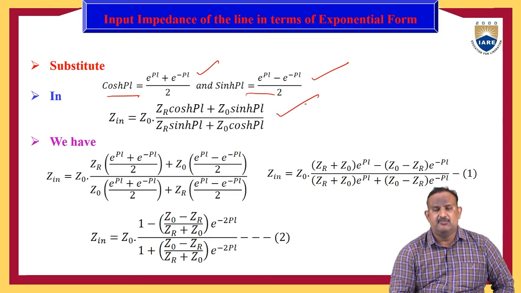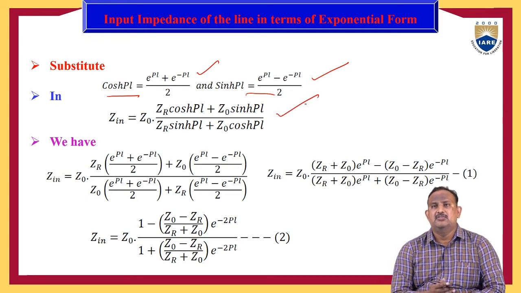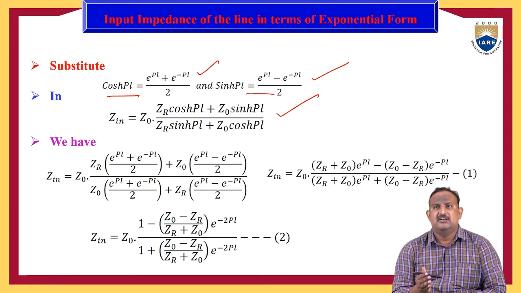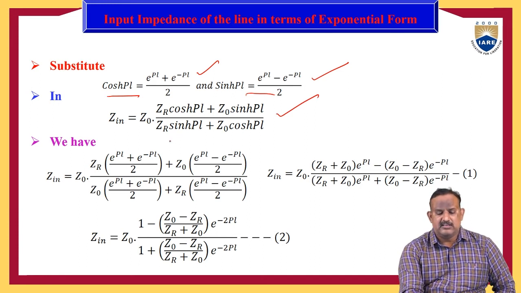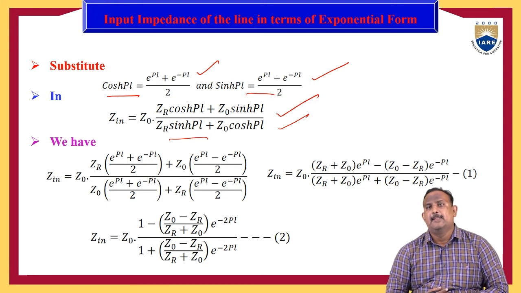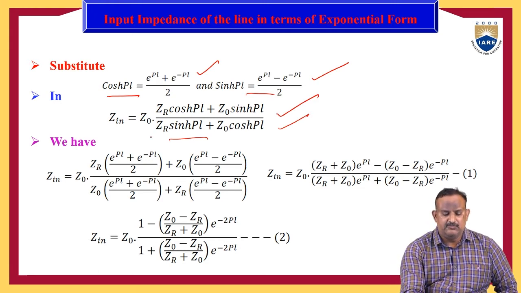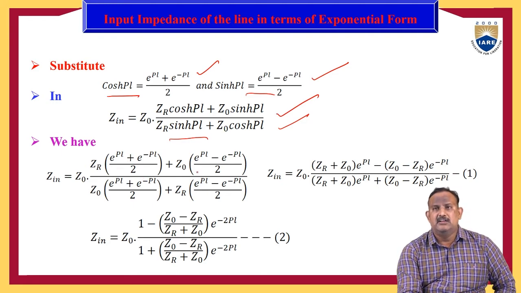We have Zn equal to Z0 into ZR cos HPL plus Z0 into sin HPL by ZR sin HPL plus Z0 cos HPL. Substituting these, we get Z0 into ZR into (e power PL plus e power minus PL by 2) plus Z0 into (e power PL minus e power minus PL by 2), by Z0 into (e power PL plus e power minus PL by 2) plus ZR into (e power PL minus e power minus PL by 2).